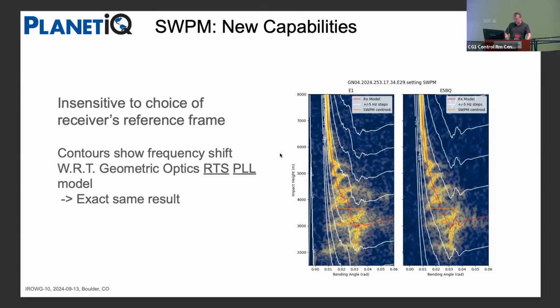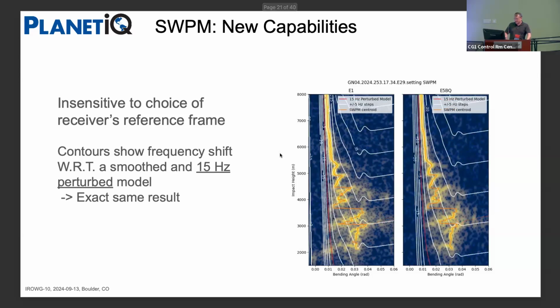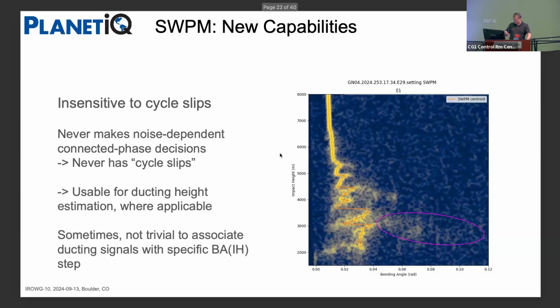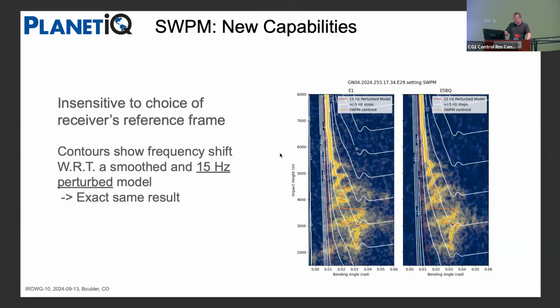The exact same result. Here's the exact same result again, taking the receiver's model, smoothing it, and perturbing it with a 15 hertz error. 15 hertz was way beyond what previous folks have described as a limit for being able to recover those peak bending angles. Now we can do it.